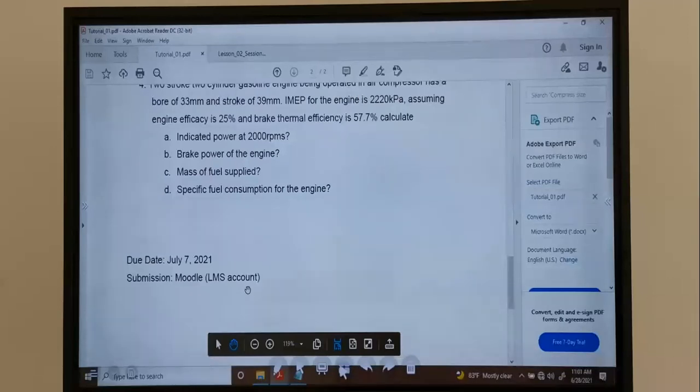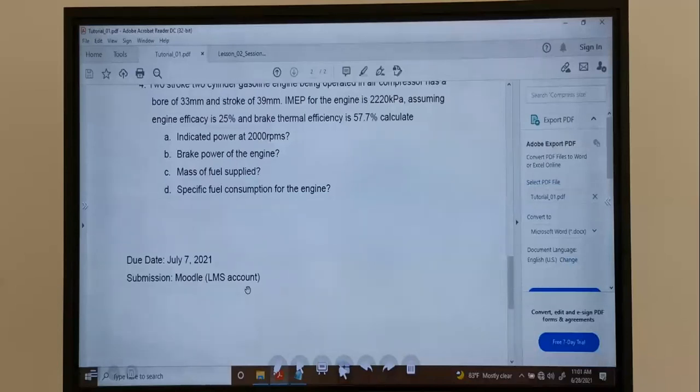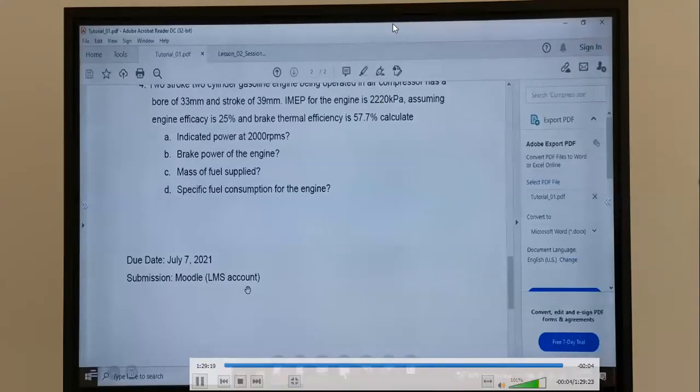The due date is July 7, 2021, and you have to submit through the LMS account. You have to do these questions. I have shown how to do all the questions, and I explained the equations and everything very clearly. I hope you will not struggle to do these questions. This is the end of this tutorial. Thank you so much.